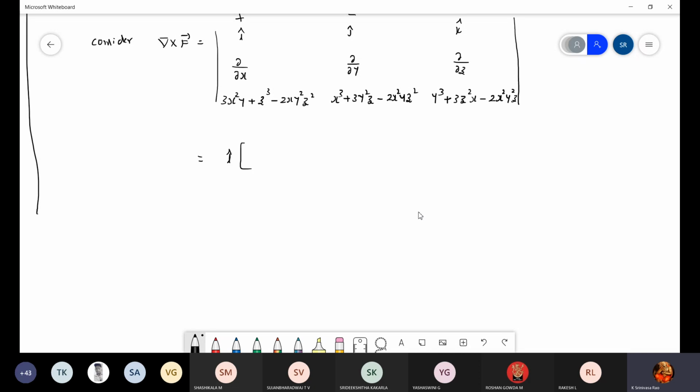Correct. Write one more step. i cap into dou by dou y of y cube plus 3z square x minus 2x square y square z. Okay, similarly dou by dou z of. So just I will write the direct answer.